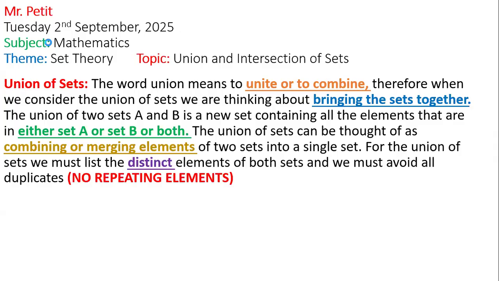Sion, can you hear me? When we are writing our union of sets, are we gonna have any repeating elements? No, sir. So it's only gonna be distinct elements, unique elements, no repeats.